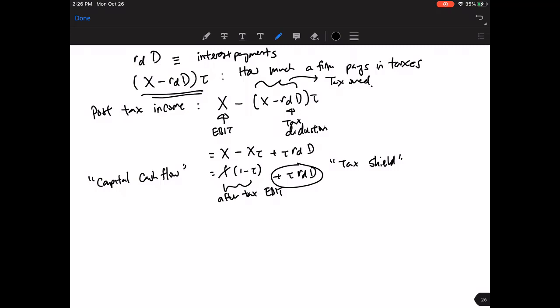Now our claim is that the value of the firm as represented by capital cash flow is equal to the present value of this capital cash flow when discounting using the pre-tax WACC. So let's use our capital cash flow expression here, which includes tax shields, and we're going to discount this using the pre-tax WACC.